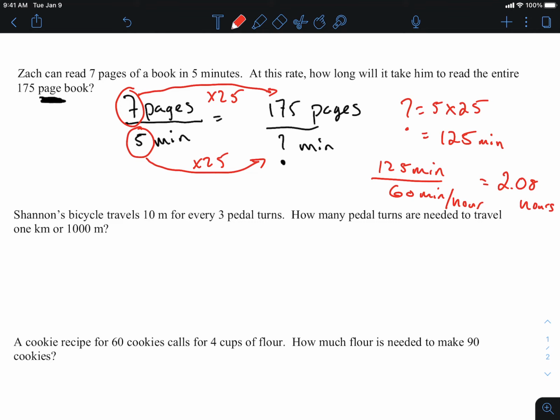I did 175 divided by 7 equals 25, and then 5 times 25 equals 125, and then I divided it by 60. Good. This is bonus. I don't necessarily expect that unless I ask for it. What, the 2.08? Yeah. I'm 100% okay with this. 125 minutes. It's all in one thing. If you had hours mixed in, it wouldn't be.